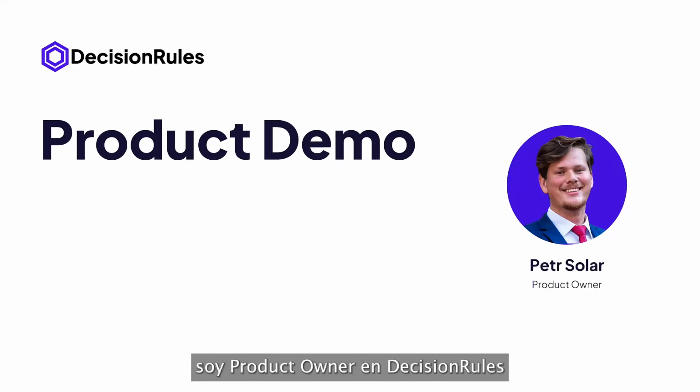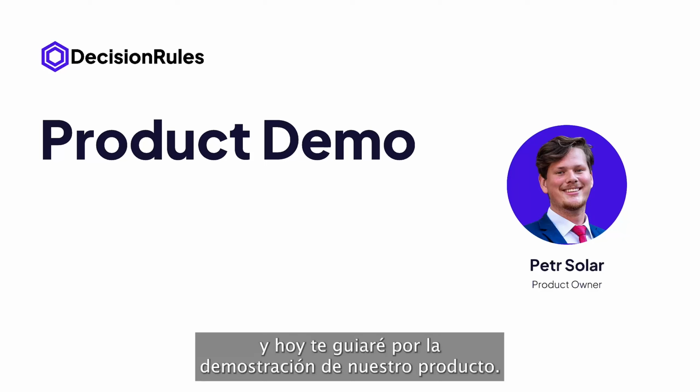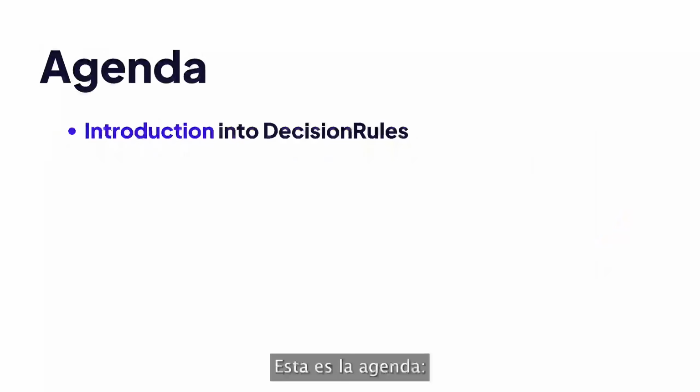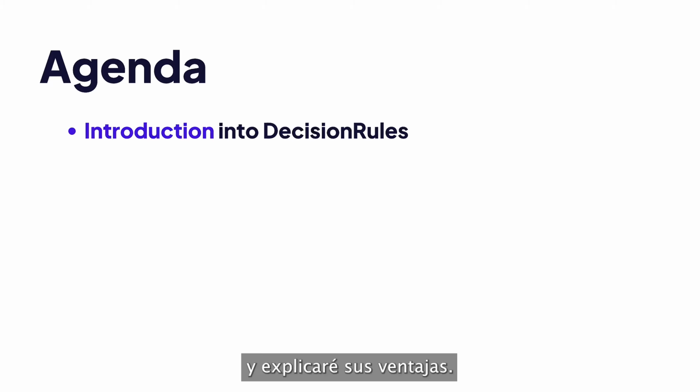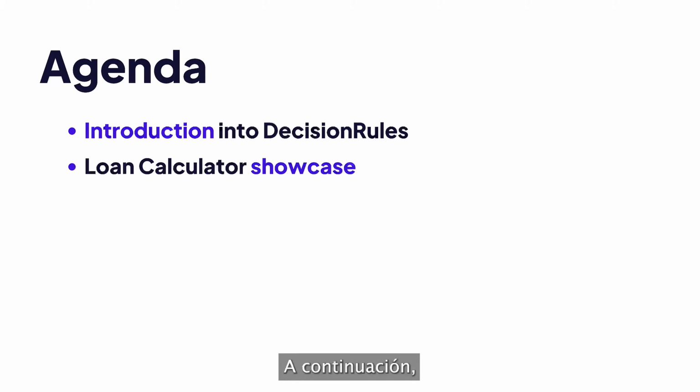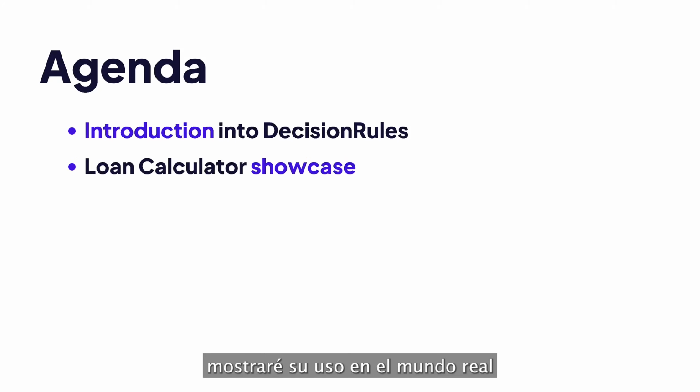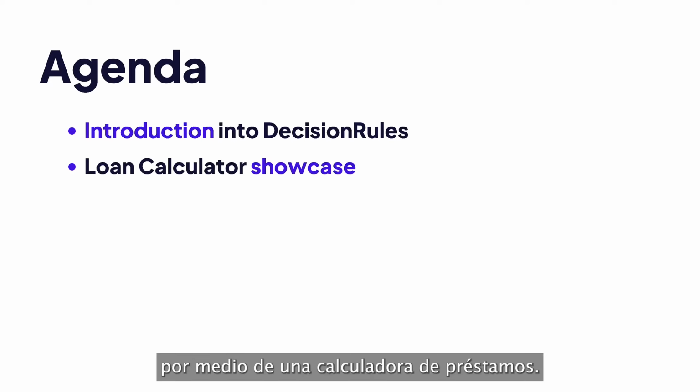I'm product owner at DecisionRules, and today I would like to walk you through the demo of our product. Here's a short agenda. First, I will give you an introduction into DecisionRules and explain its benefits. Next, I will show you a real-world use of our tool in a loan calculator.